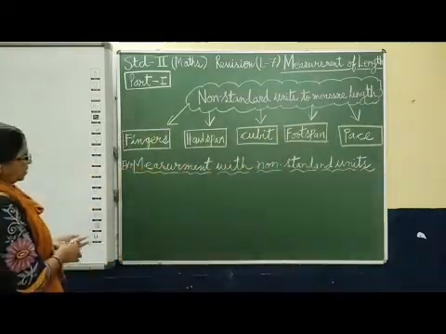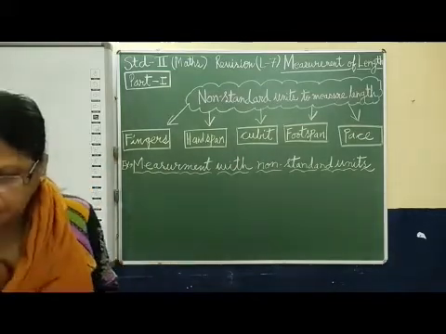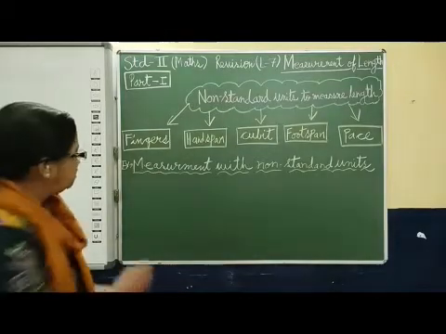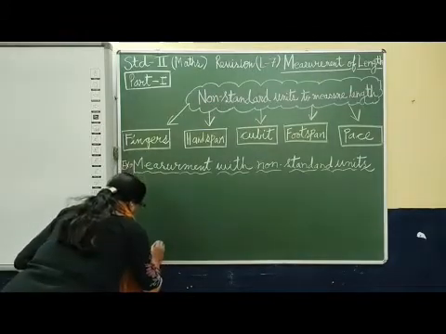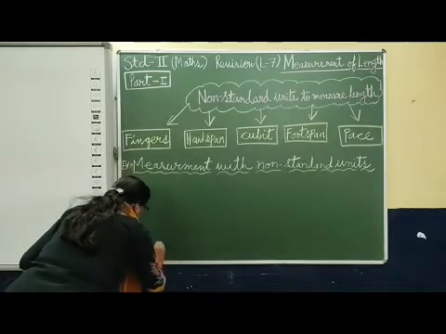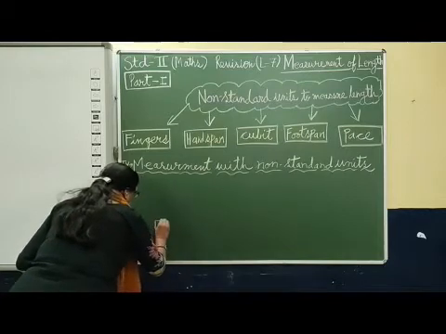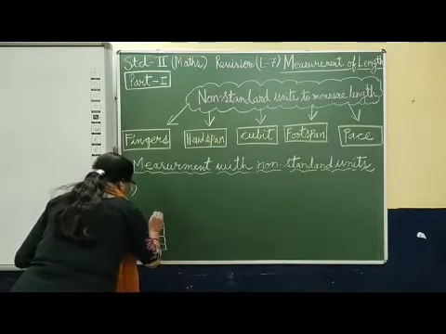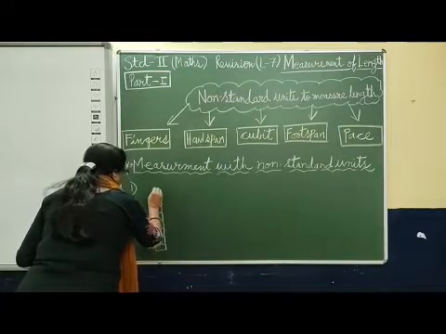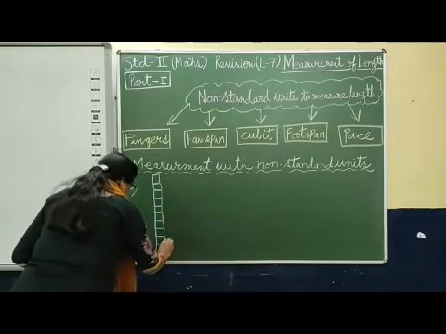Now suppose here we are drawing blocks. Let me draw the blocks so that you can understand. From here we will start. Number 1, this is 2, this is 3, this is 4, this is 5, this is 6, this is 7, this is 8, 9, and then 10. Here 10 blocks we have taken.